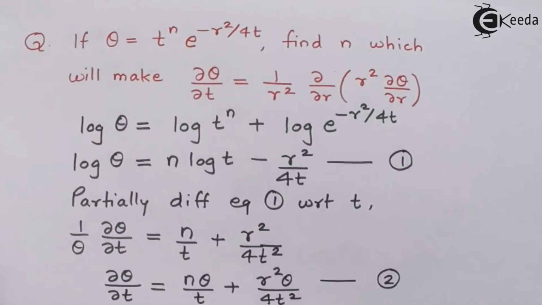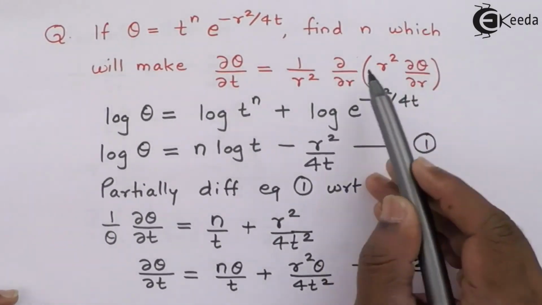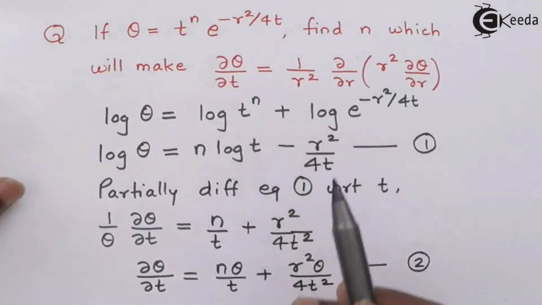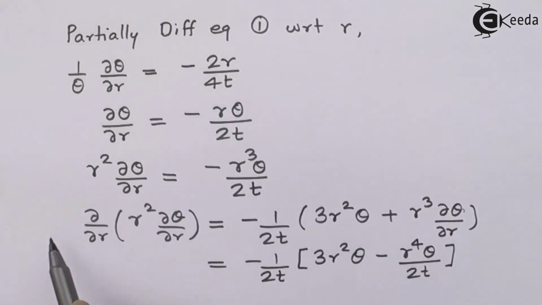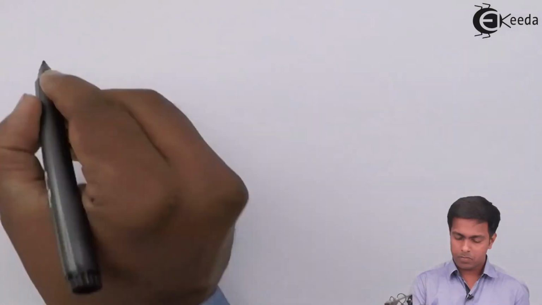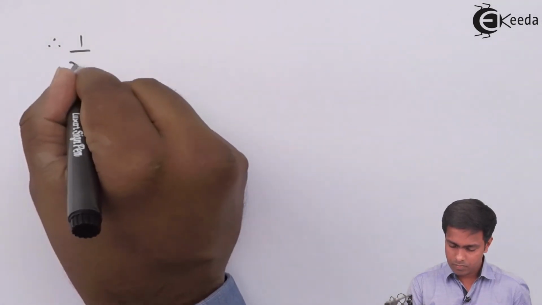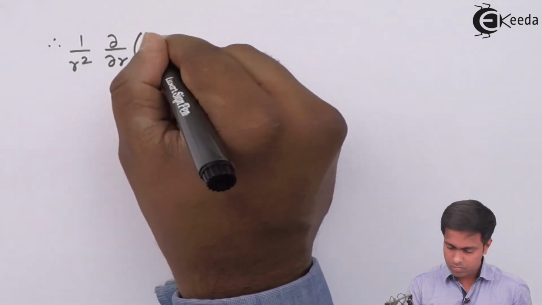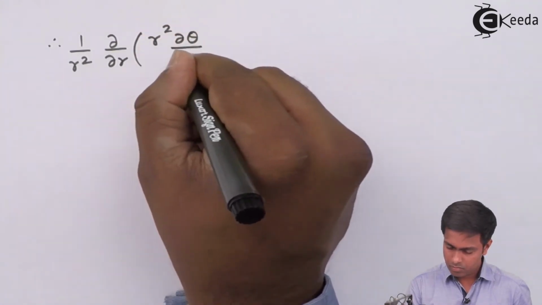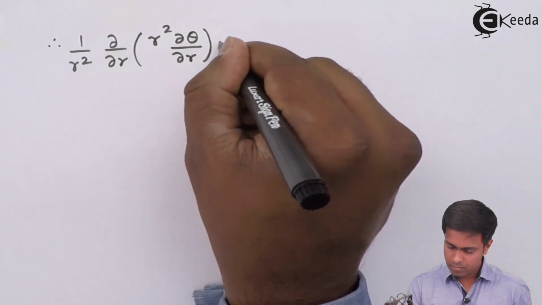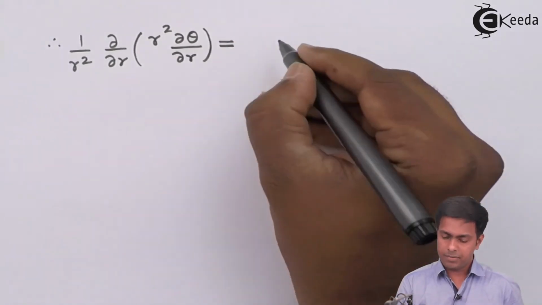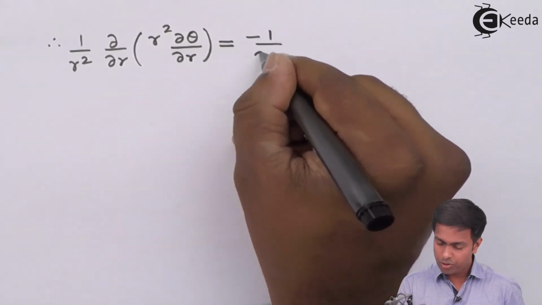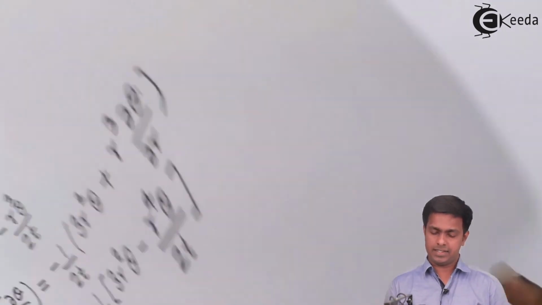Now to this value we are going to multiply 1 upon r square. So guys, on the left hand side I'll add 1 upon r square, and we'll multiply this whole term by 1 upon r square. Here negative 1 upon 2t will remain as it is.